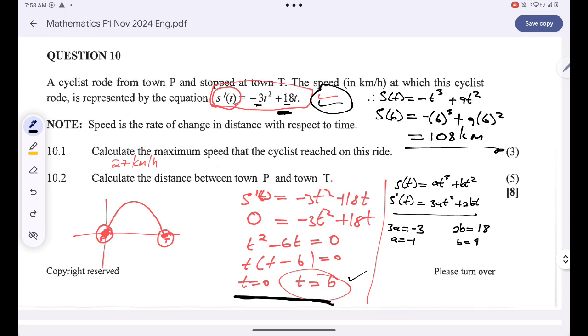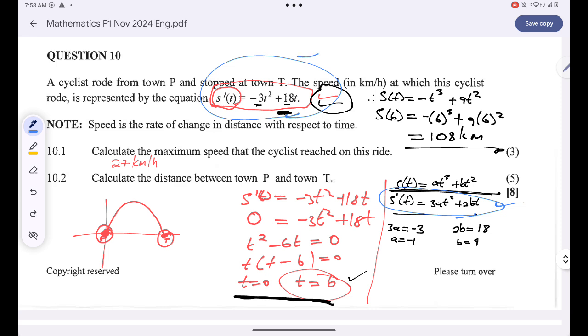If the distance equation is given by this, that means the derivative will be this guy over here. Are you together? 3at squared plus 2b multiplied by t. Remember that, guys, the derivative of your distance is always equal to the speed. Are you together? So this equation and that one are exactly the same.